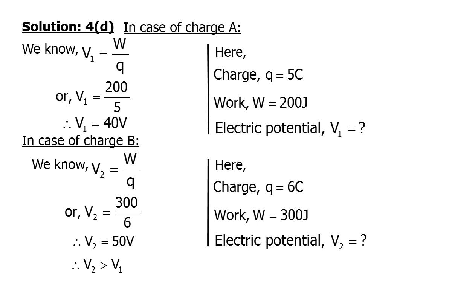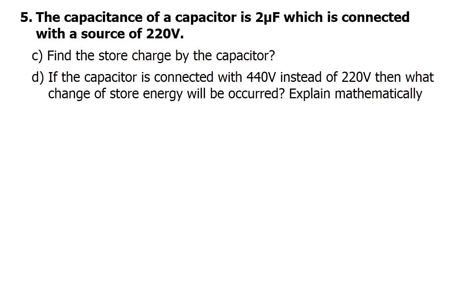In that case, the potential of charge B is more than the potential of charge A. That is why electricity will flow from charge B to A, but charge or electron will flow from A to B. This is very important, the direction in which the charge will flow. Hope you have understood.